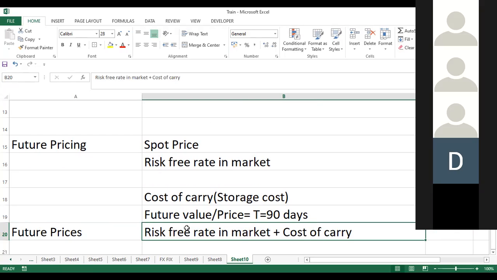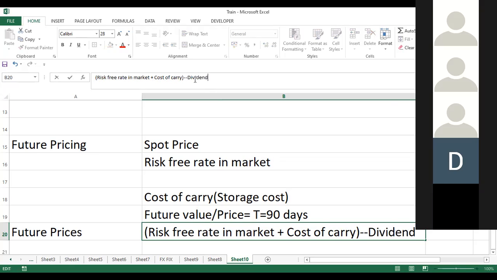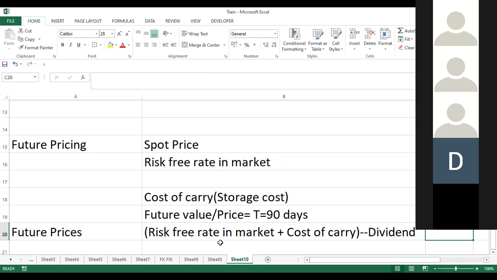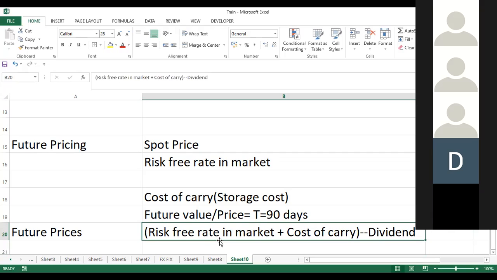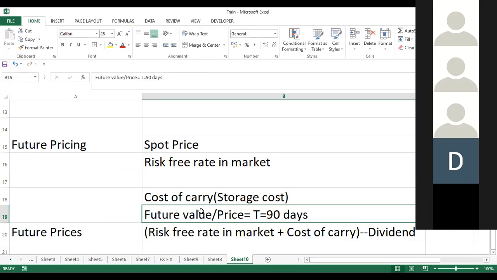And if you talk about from the point of view, your stocks and all our bonds, if they are paying dividend, then you have to minus the dividend from this thing. If you're going to receive any dividend in between when you have a contract, the dividend would be subtracted from this. So this becomes your future price of your contract that you're signing for this particular set that we're talking here.